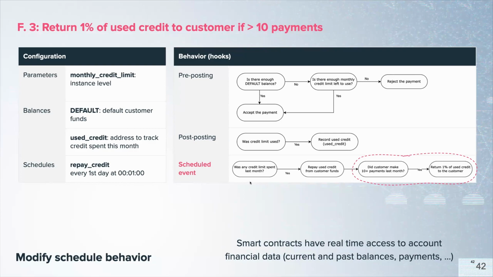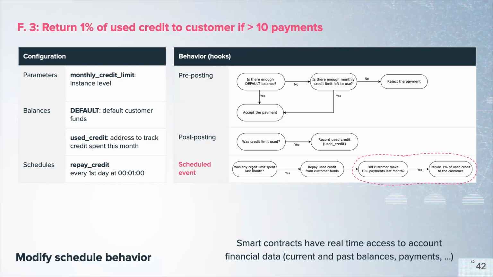This is something that is a part of the scheduled event that we have for the automatic repayment of the monthly credit limit the customer borrowed. So if I know that this is a part of the repayment schedule, I know that the scheduled event hook is the place where to modify the behavior of the smart contract, and where to add this custom logic. So we will leave the rest of the smart contract as it is.